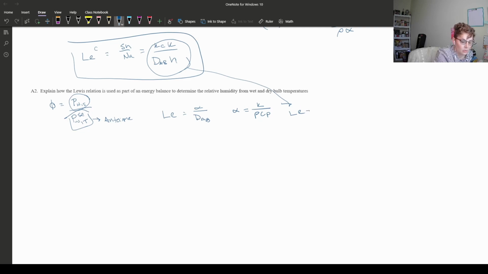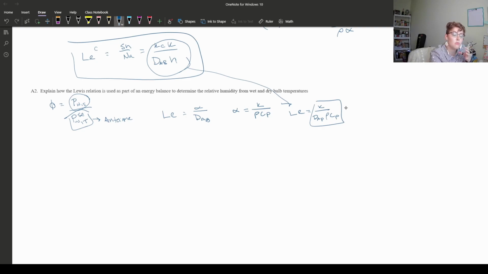First of all, let's look at what the Lewis number would be for moist air. When we rewrite this Lewis equation, we get that the Lewis number is equal to the conductivity over the mass diffusivity times the volumetric heat capacity. And these are all known values for moist air.